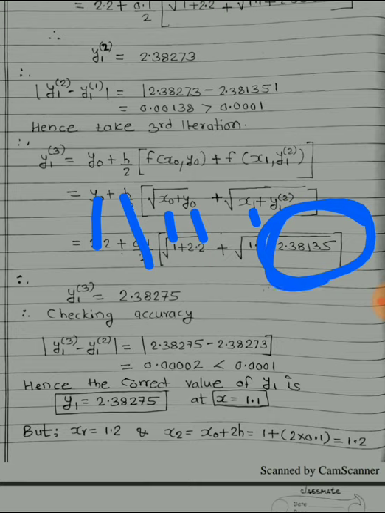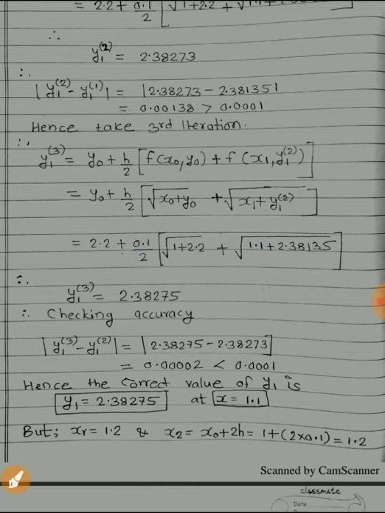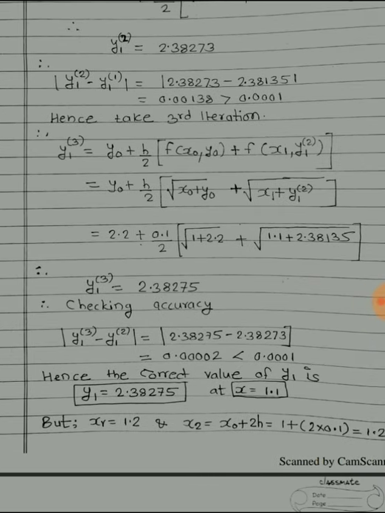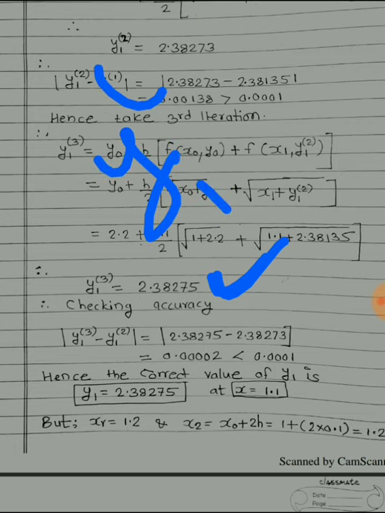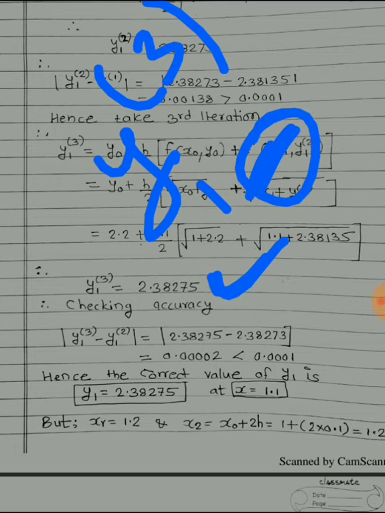If I put all these values, I will get y1 of 3 equal to 2.38275. This is the new value of y1 that I have got, the third value after making the third correction in the value of y1.